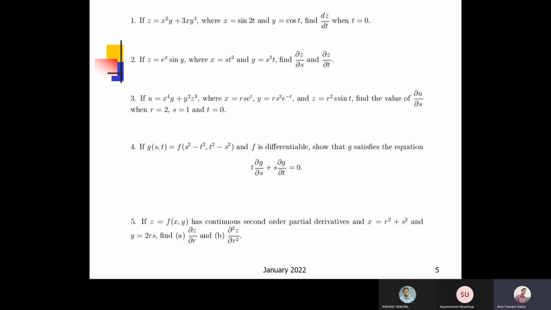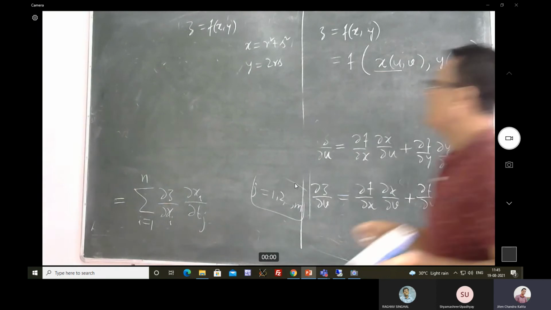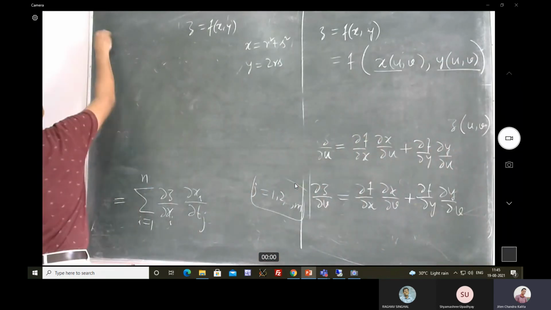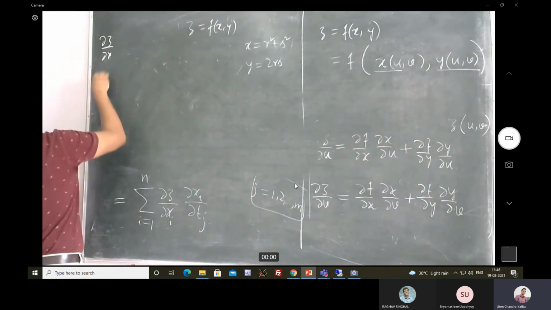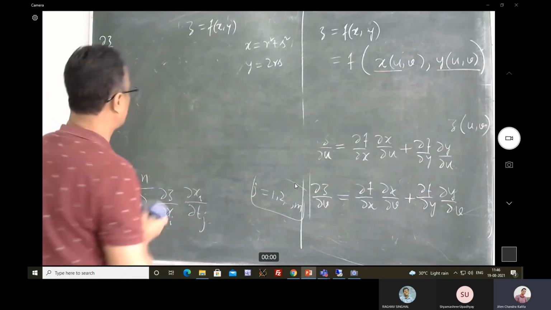So here z is equal to f of x, y and x equals r squared plus s squared and y equals 2rs. You have to find del z del r and del 2z del r squared. These are the two things you have to find out. Okay.